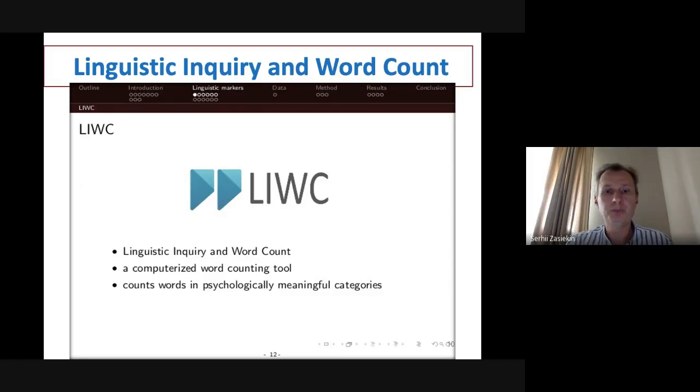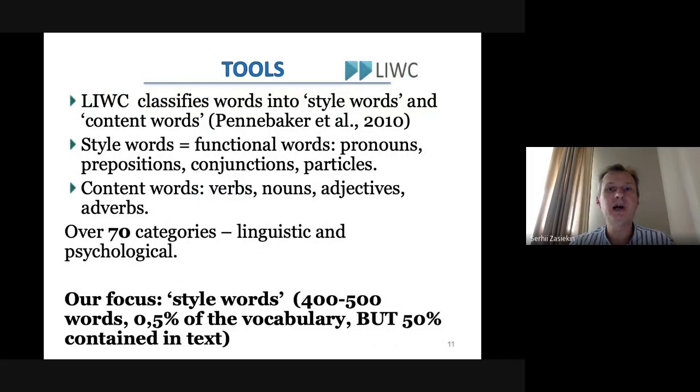So, a few words about Linguistic Inquiry and Word Count, or simply LIWC. LIWC classifies words into style words and content words, as treated by James Pennebaker and his colleagues. Style words, as understood by them, are all functional words. Why style? Because they characterize the style of the speaker, the manner in which the speaker expresses their ideas.